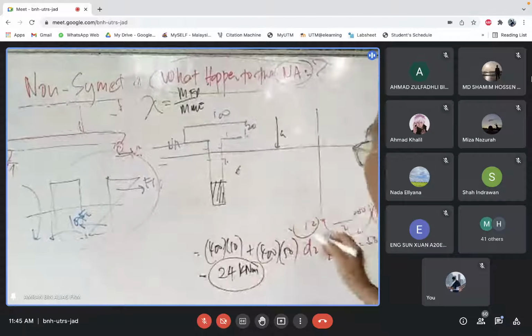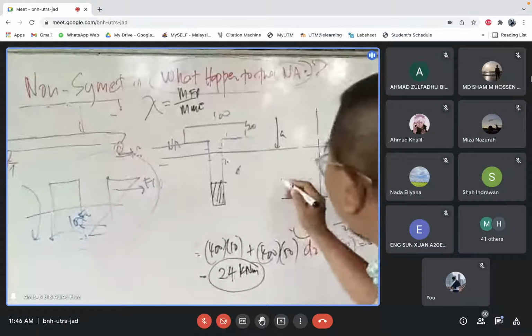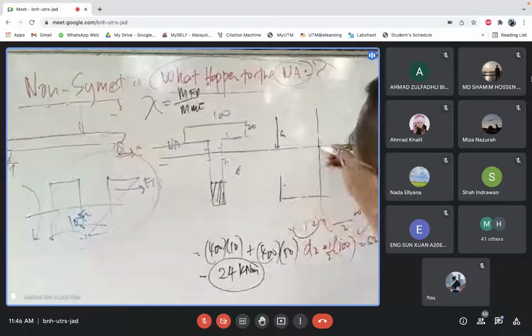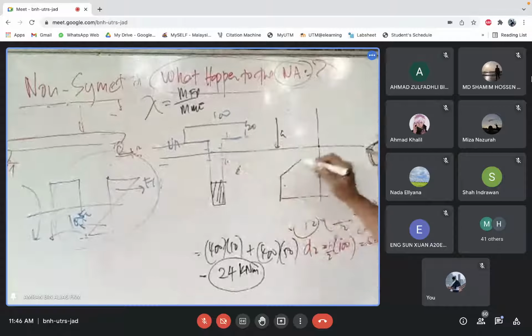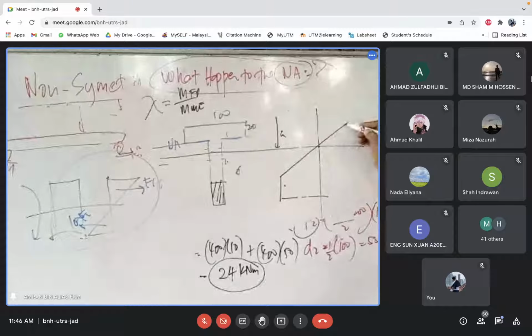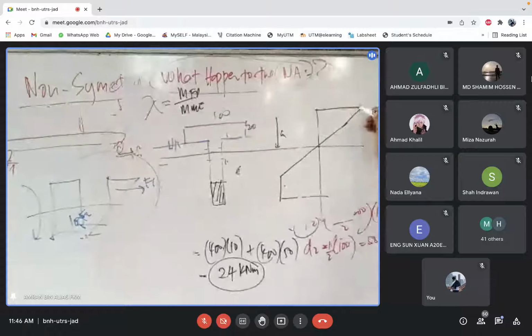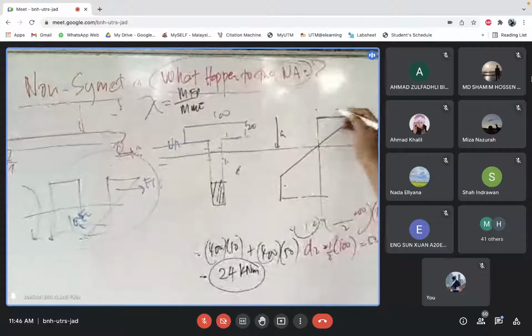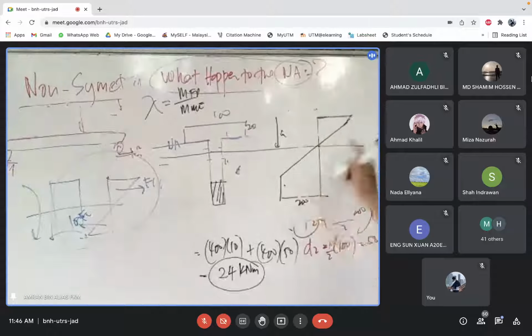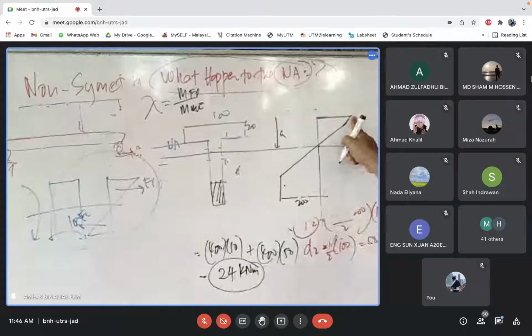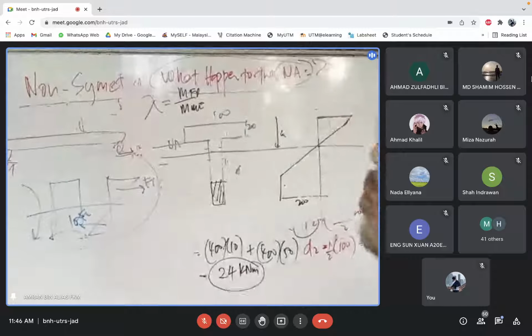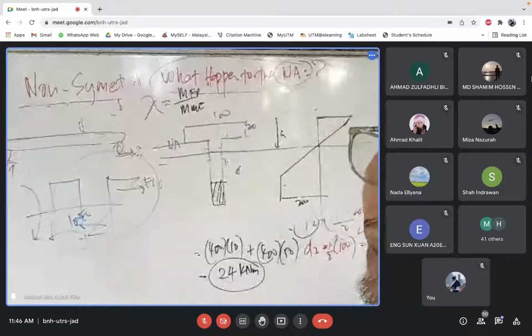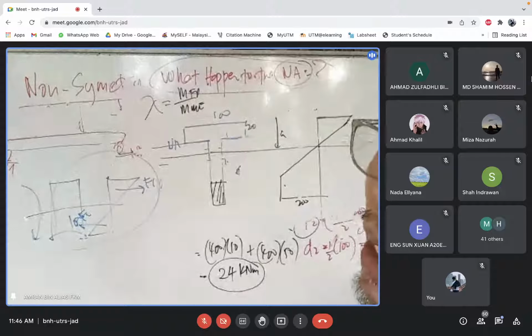This is 200, a hypothetical, not the real one. This is 200, and this is less than 200, and I don't know the value also. Are you with me?